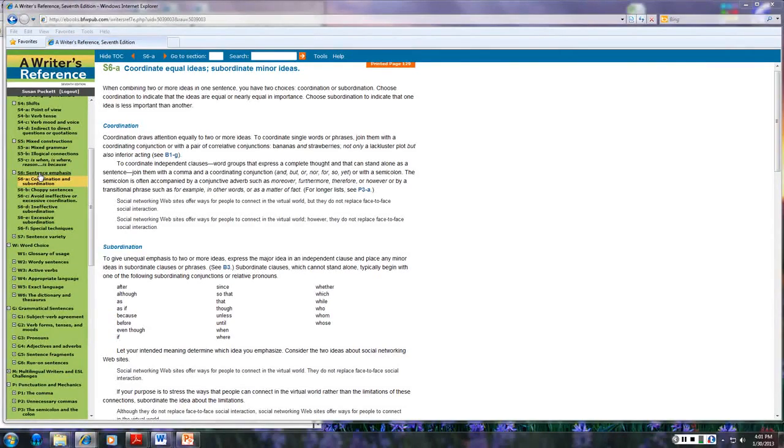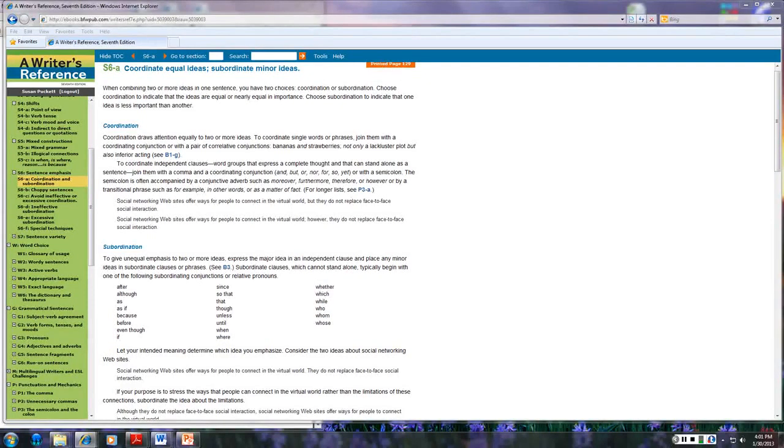Notice it says, let your intended meaning determine which idea you emphasize. So make sure that what you're doing is using sentence structure to show relationship. If you tend to rely heavily on coordination, that is, on coordinating conjunctions, then you may want to consider looking at how you can better form your ideas into complex sentences to show relationships a little more clearly.